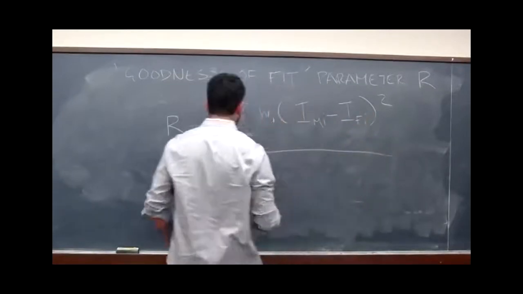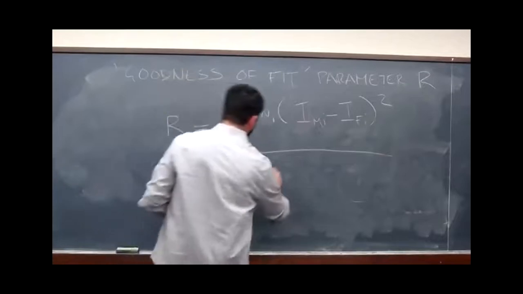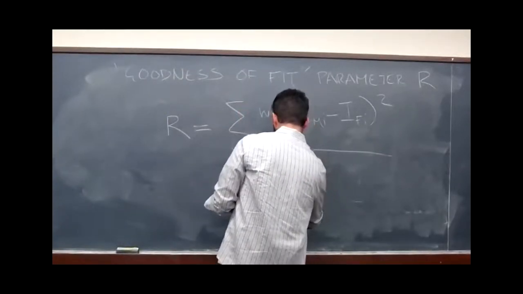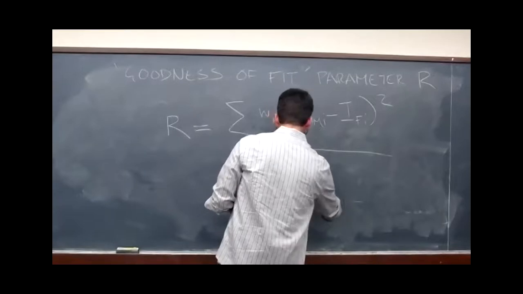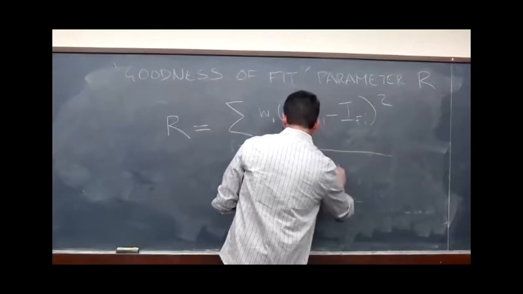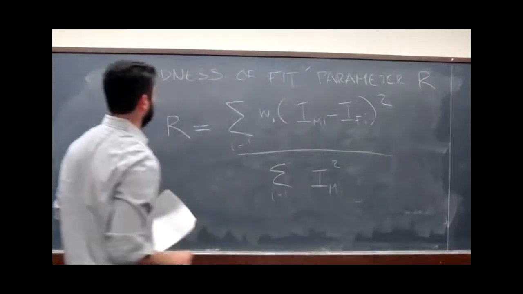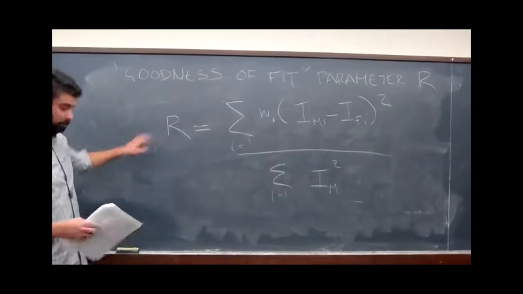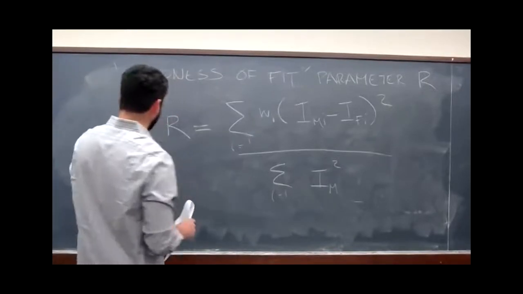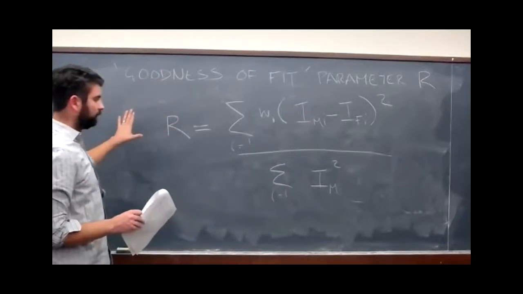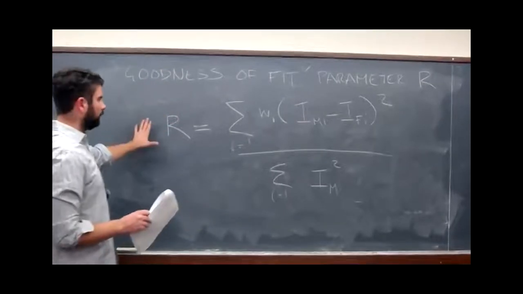These are discrete measurement points, summed over the square of all our measured intensity points. So the lower the R value, the better. And this can kind of tell you generally if your choice of peak function or your choice of model is working well.